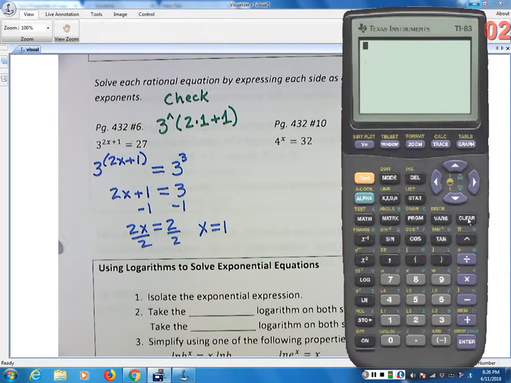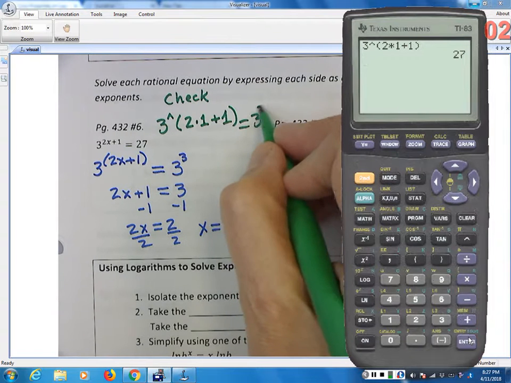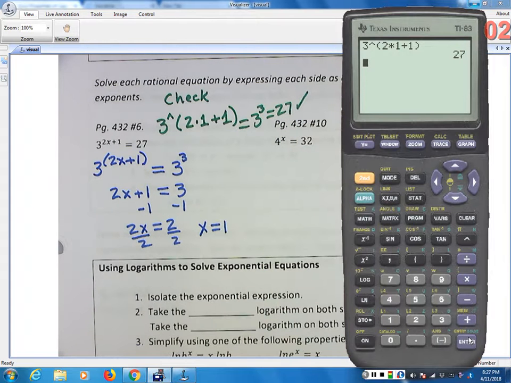You do need the parentheses, so you do 3 to the parentheses 2 times 1, which is 2, plus 1, which is 3. So you're raising 3 to the third power, but that's 27. Okay, so remember you can check these.